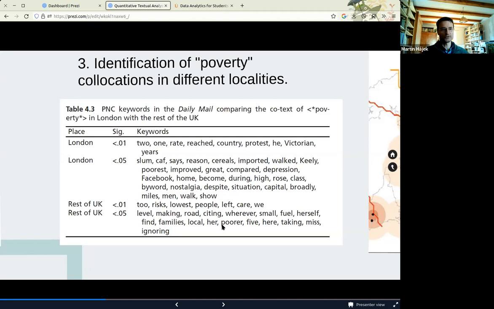This is also an interesting result that can be explored more, and also why it is so. Why is London represented in the Daily Mail as a non-poor city, even if there are many poor people living in London?